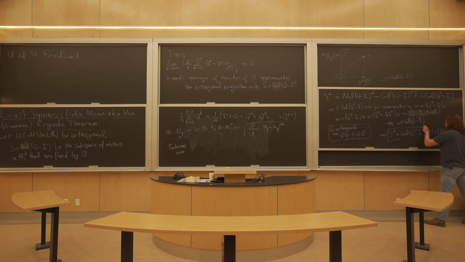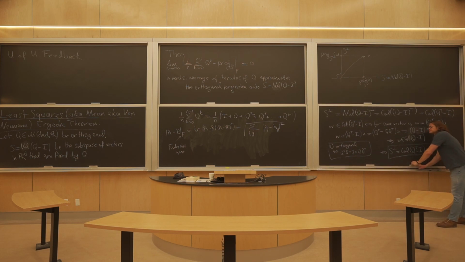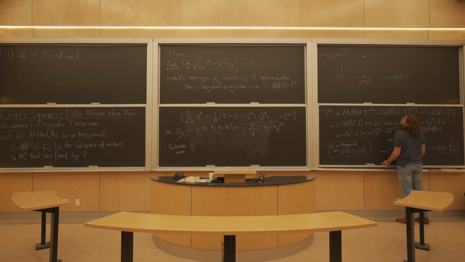You see here, I really needed the fact that Q is orthogonal. So now in this picture, something very nice is happening. I have the null space of Q minus I, and its orthogonal complement is the column space of the same matrix.